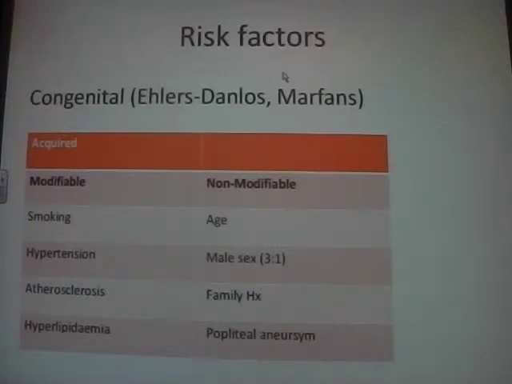And then, like coronary artery disease, male sex and increasing age. Family history, kind of related to congenital and kind of related to your risk factors, hyperlipidemia. And then if you have a popliteal aneurysm, if you feel a pulsating aneurysm, it's always important to rule out whether or not they have a coexisting aortic aneurysm or an iliac aneurysm, because they're at a higher risk.